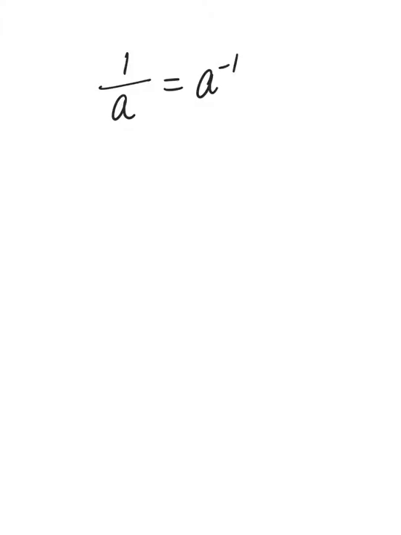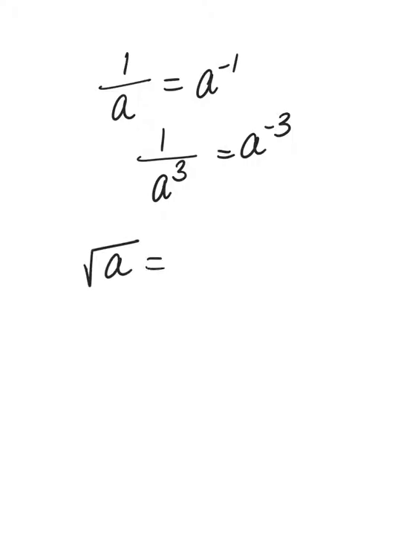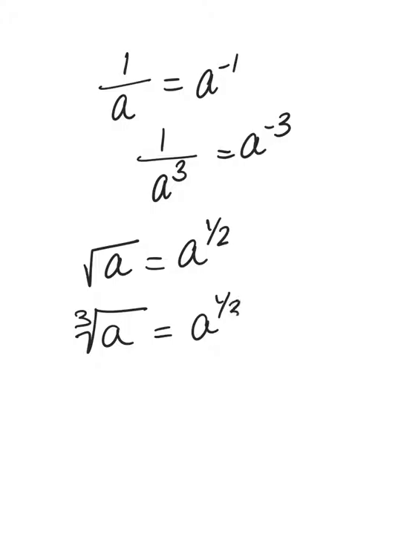Remember, a negative exponent is when it's really there. So, for example, if I did 1 over a to the third, that's really a to the negative 3. Other rules you might remember is that the square root of a is really to the 1/2 power. So cube root would really be to the 1/3 power.